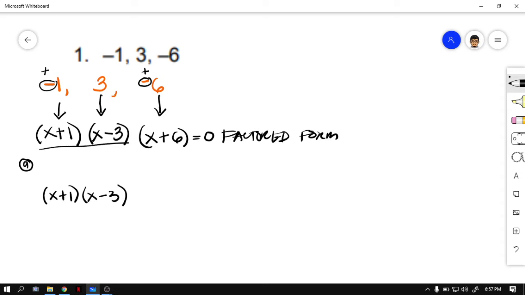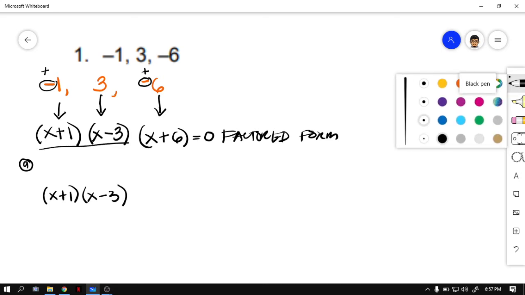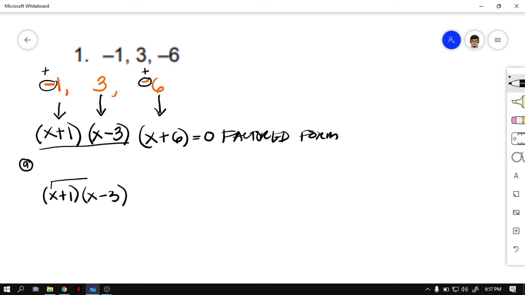Okay? According to FOIL method, F stands for first. So, first terms, x and x. Lagay natin dito para dun sa mga hindi pa masyadong kabisado ang FOIL method. So, ang first natin ay x times x. That is x squared.